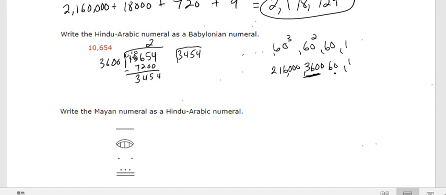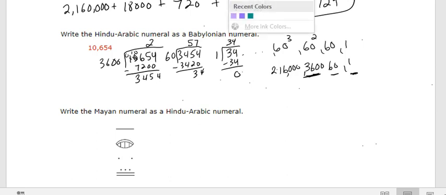So we already used 3,600, so the next one is 60. So we're going to say 3,454 divided by 60 is 57. And 57 times 60 is 3,420. So we end up with 34. So now we take the remainder and we divide by the next place value, which is 1. So that goes in 34 times, and we end up with remainder 0.